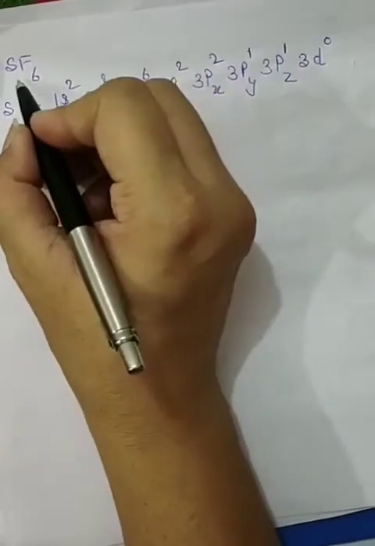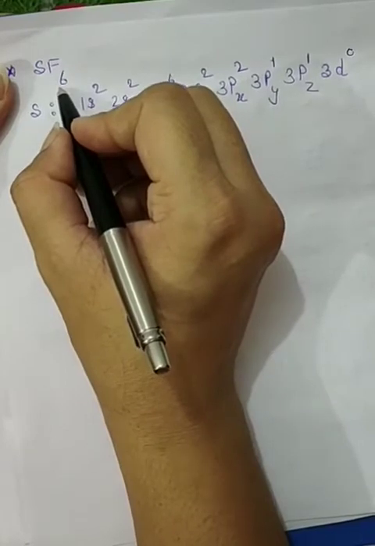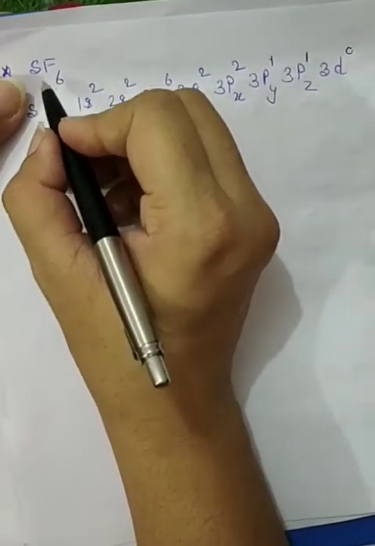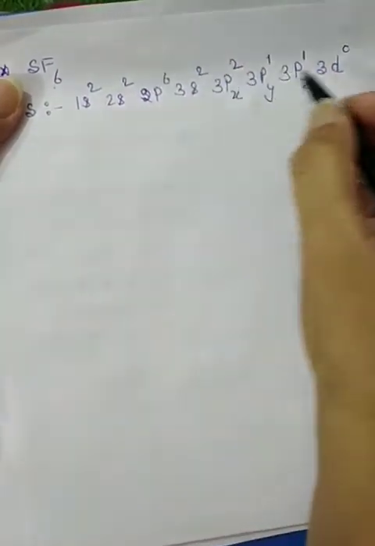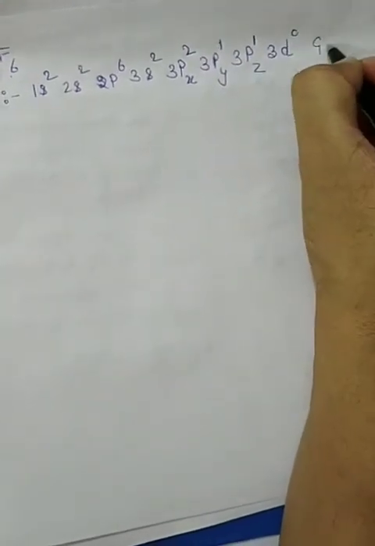Now in the molecule it forms 6 bonds, hence it should have 6 half-filled atomic orbitals, but in its ground state it has only 2 half-filled orbitals.